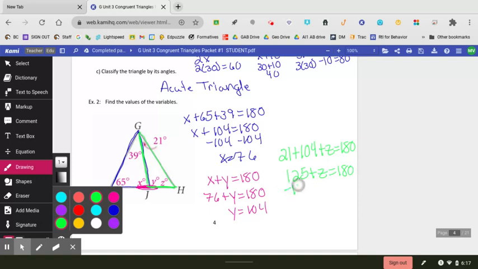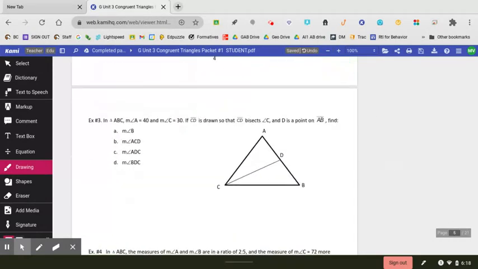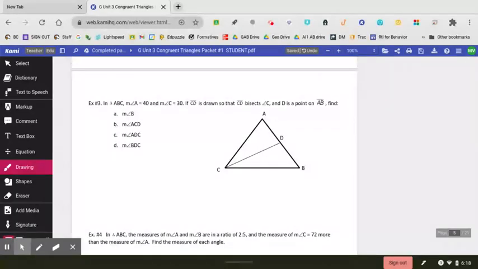I subtract 125, and z equals 55. So now I want you to pause and try example 3 on your own. Come back and check the answers.